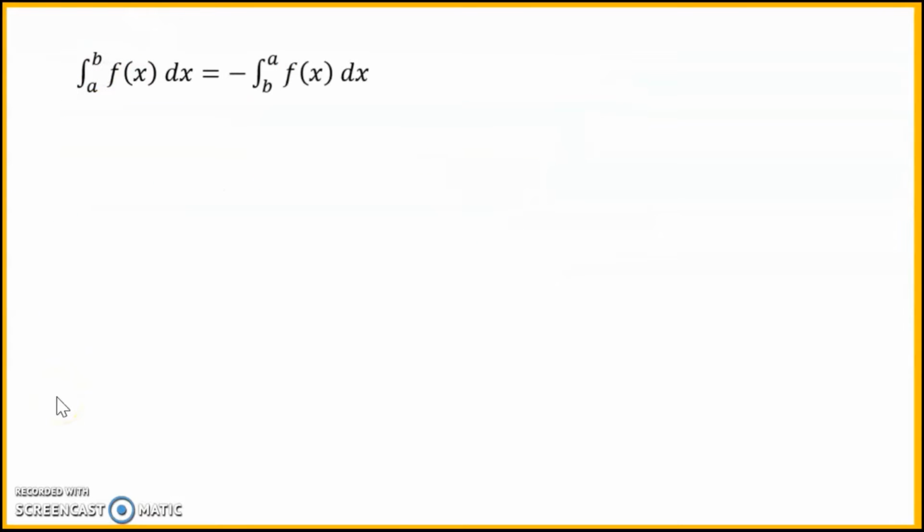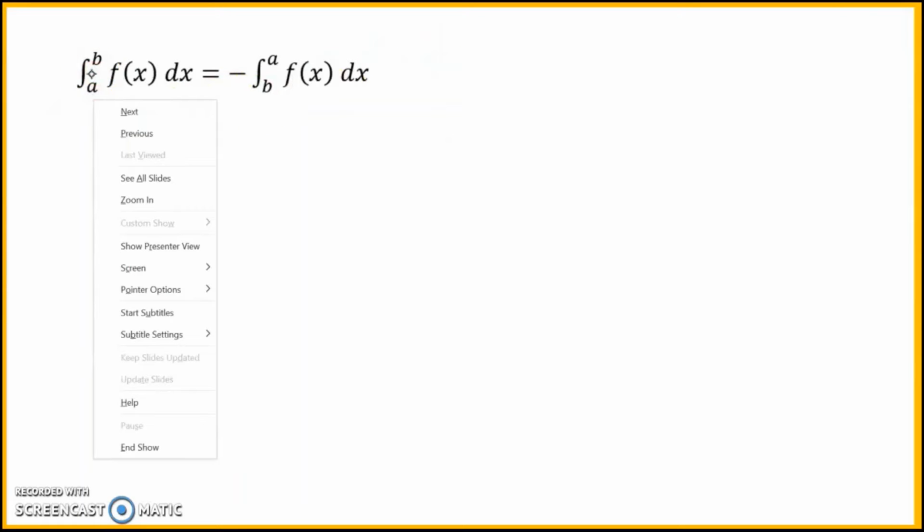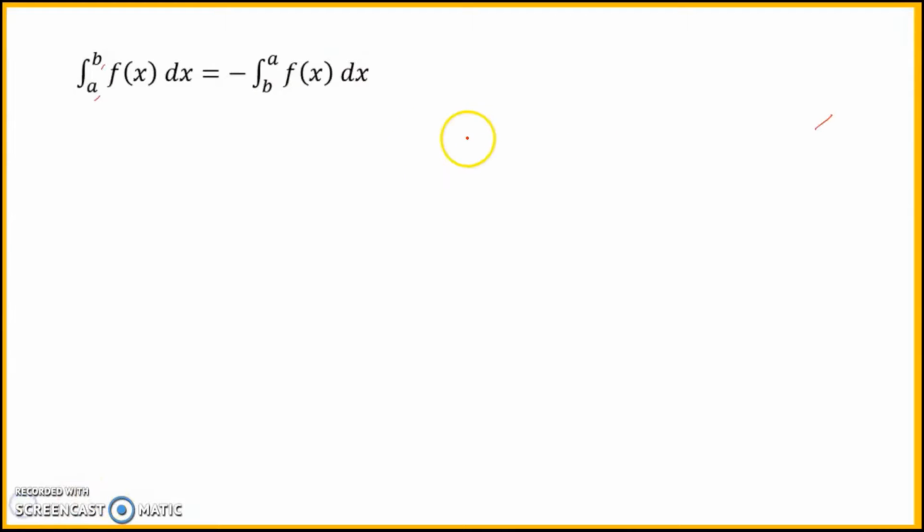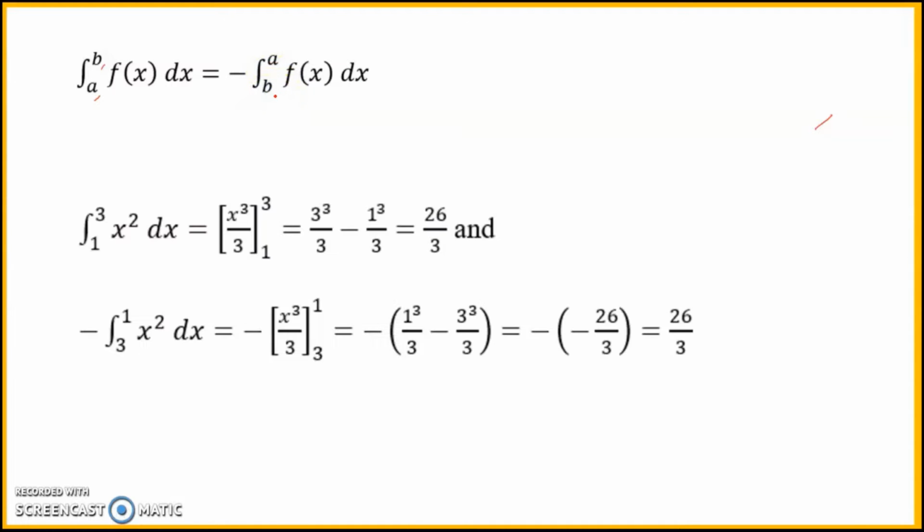Second, the integral of f(x) from a to b will be equal to the negative integral for the limits of integration from b to a. So for example, we have the integral of x squared from 1 to 3, which gives 26 over 3.